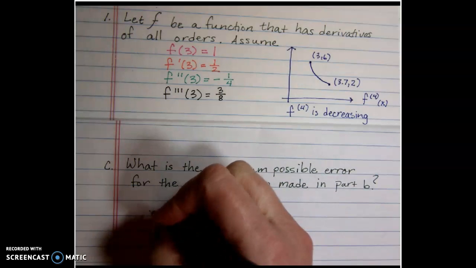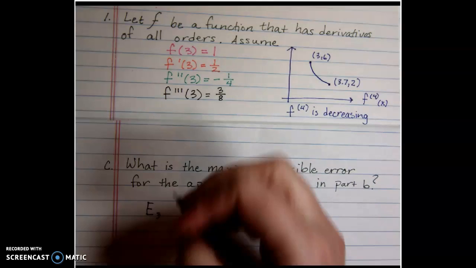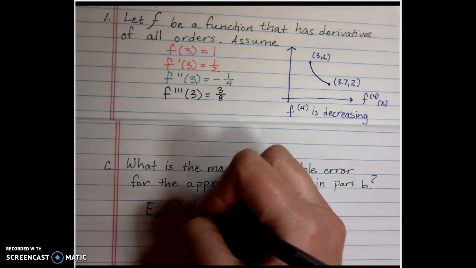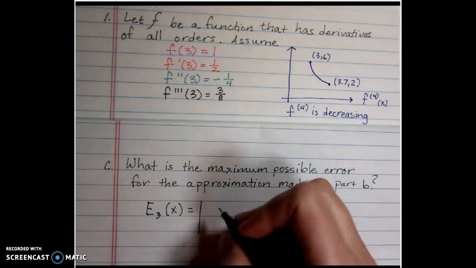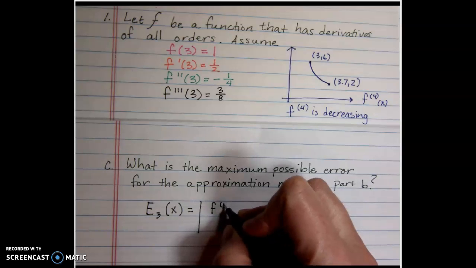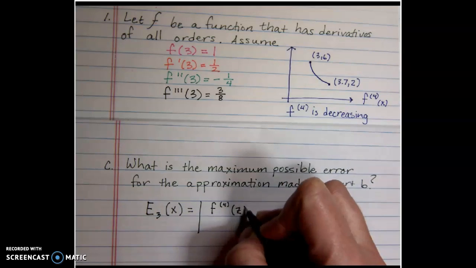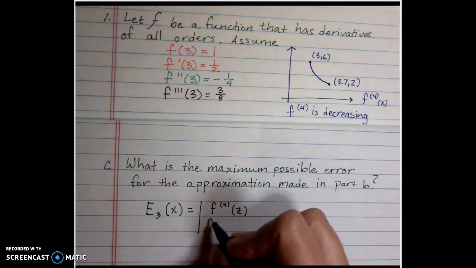Since we used a third degree polynomial, our error is going to be degree 3. We're going to evaluate the error at some x coordinate, and then we're going to use the fourth derivative at some z value, where z is between x and a.